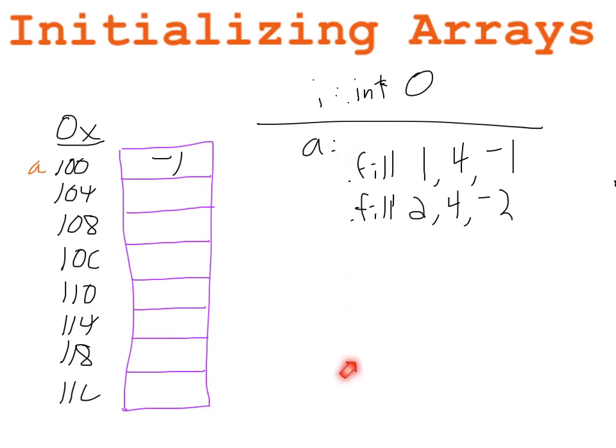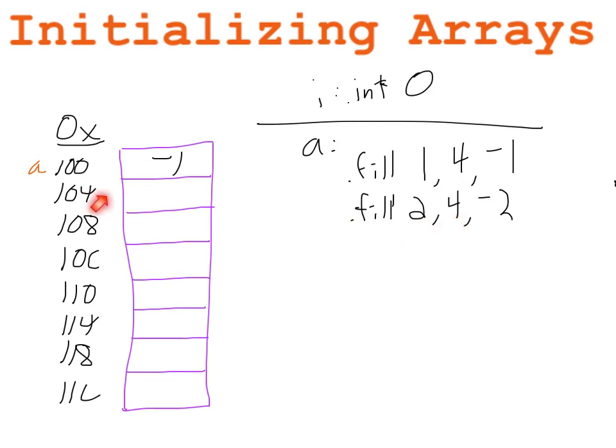So what happens again is A is going to be defined as a label. That's going to be given some address. Let's say it's address 100. So at address 100, first thing I want to do is fill 1 times 4 bytes. So fill 4 bytes with the number -1. At the conclusion of that, where that .fill left off, I want to fill another 2 positions, each 4 bytes apiece.